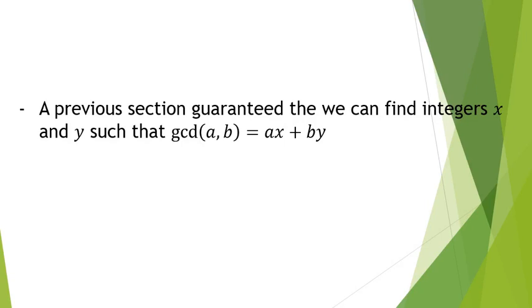In the previous video, we saw several example problems as to how we use the Euclidean algorithm to find the GCD of two numbers. In this video, we are going to learn about a process very related to the Euclidean algorithm.